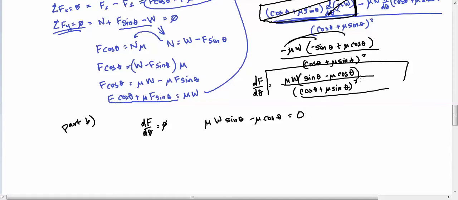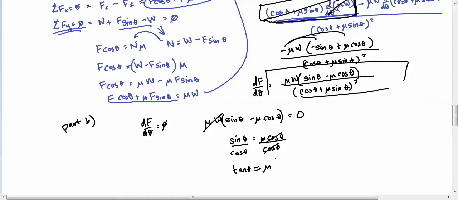I'm going to divide both sides by mu w, and that basically kills it, because 0 divided by mu w is still 0. And I have sine of theta is equal to mu cosine of theta. And I'm going to divide both sides by cosine of theta to get things on one side. So I have the tangent of theta, because that's the definition of sine over cosine, is equal to mu.